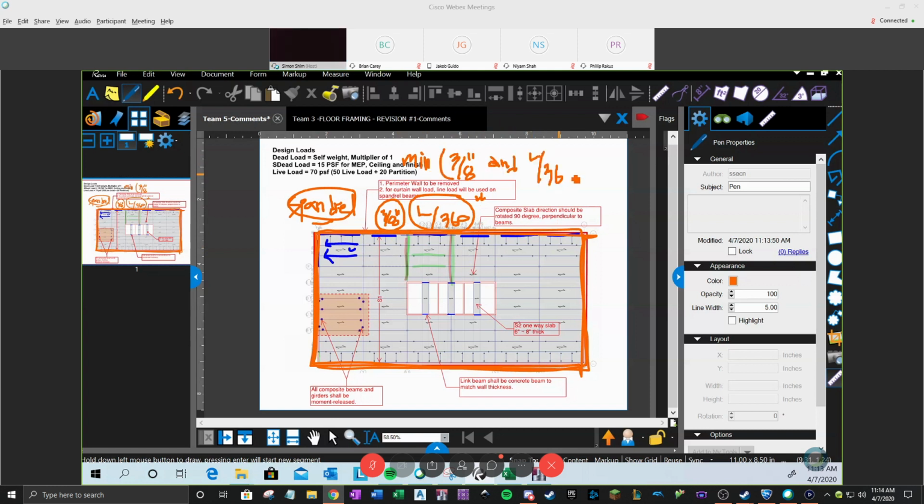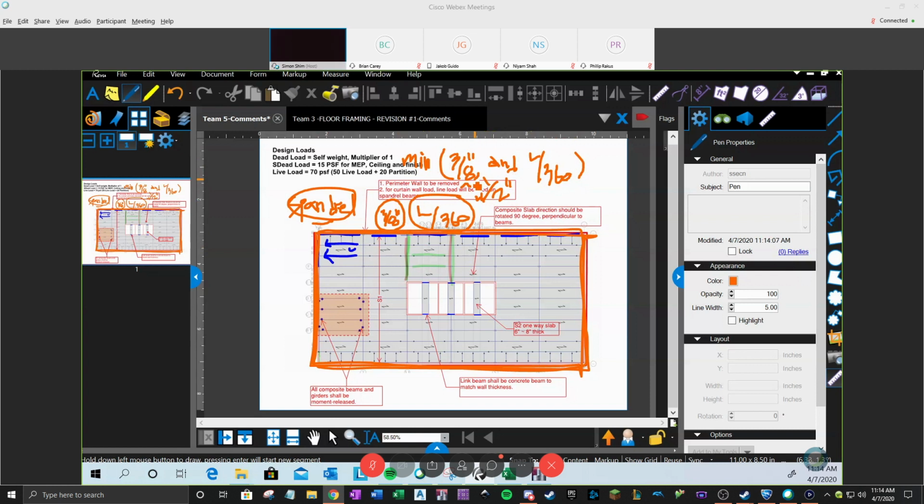So 3/8 is a rule of thumb, but sometimes it is a half inch. But 3/8 inch is pretty common practice. So we should design these spandrel beams so their lateral deflection is less than 3/8 inch and L over 360.